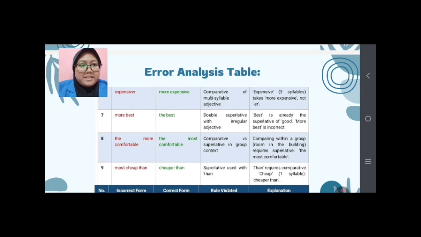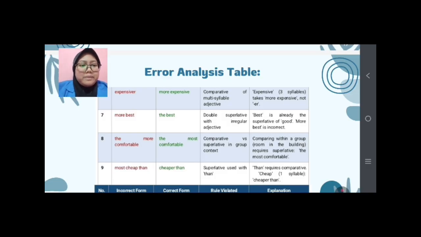Expensiver, more expensive. Comparative of multi-syllable adjective. Expensive, three syllables, takes more expensive. Not more best, the best. Double superlative with irregular adjective. Best is already the superlative of good. More best is incorrect. The more comfortable, the most comfortable.